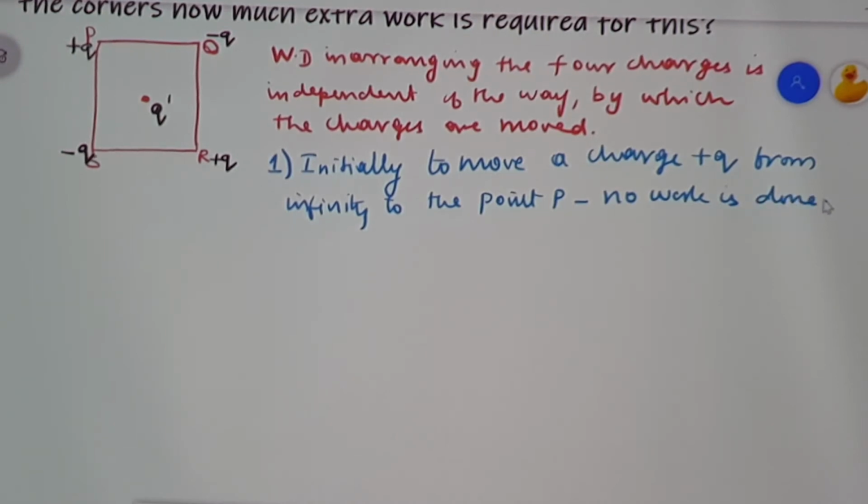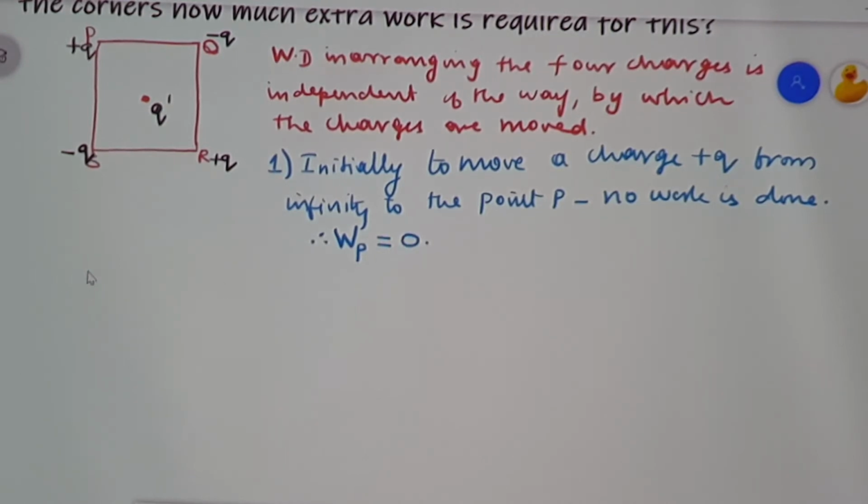So the first point is, we are not doing any work because around this no other charges are present. Therefore, we are writing work done in moving the charge to the point P is equal to 0.